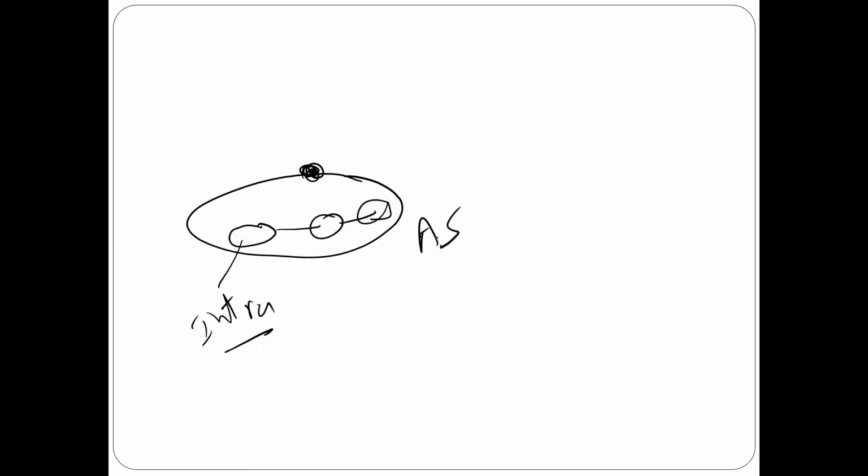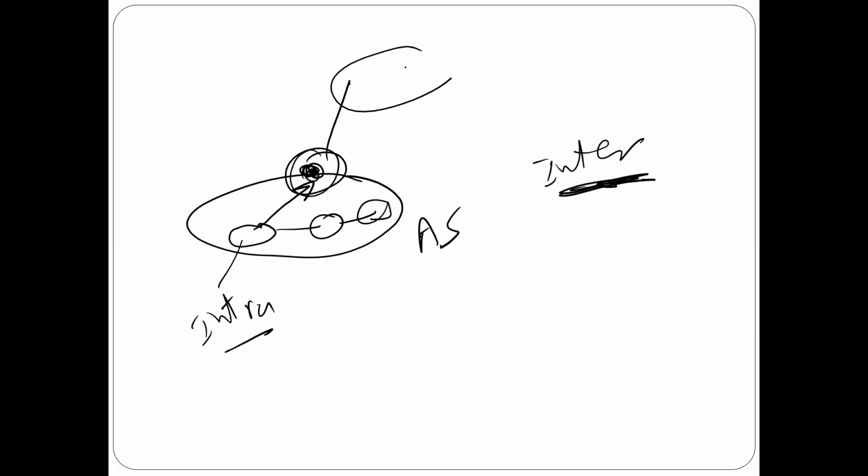If I have a message for outside the AS, I send it to the border router to take care of it. So in this simple idea, I don't need to know anything from inter, or about the other ASes.